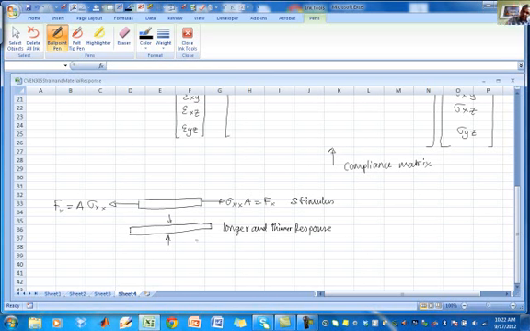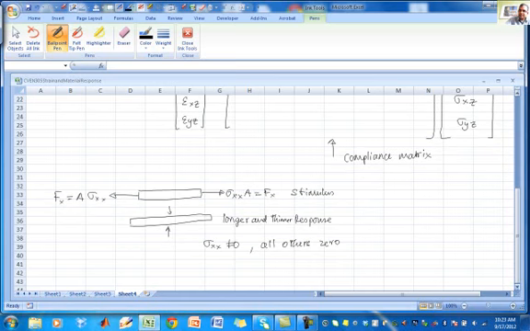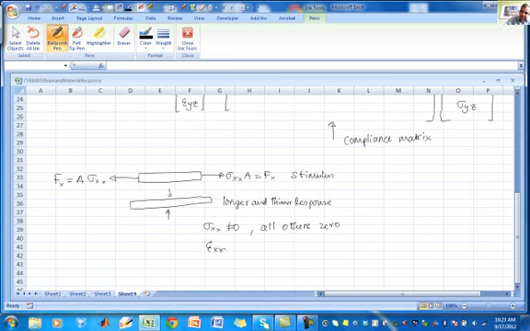That is, if sigma xx is not equal to 0, all others 0, for many materials you will get epsilon xx greater than 0. So let us make it very clear. Epsilon xx greater than 0, epsilon yy, epsilon zz less than 0. This is what you will get. Okay, typically, not always, typically.